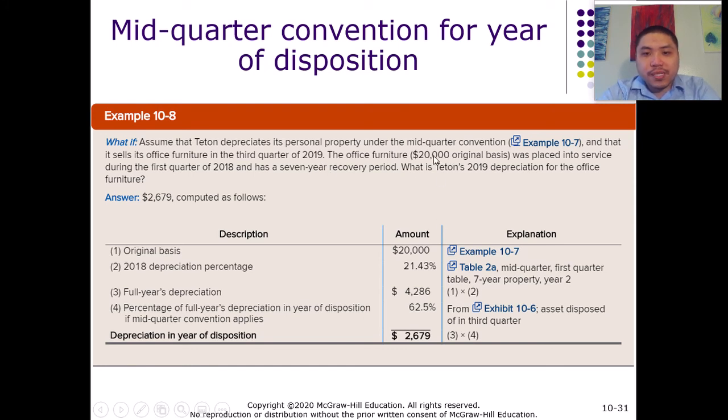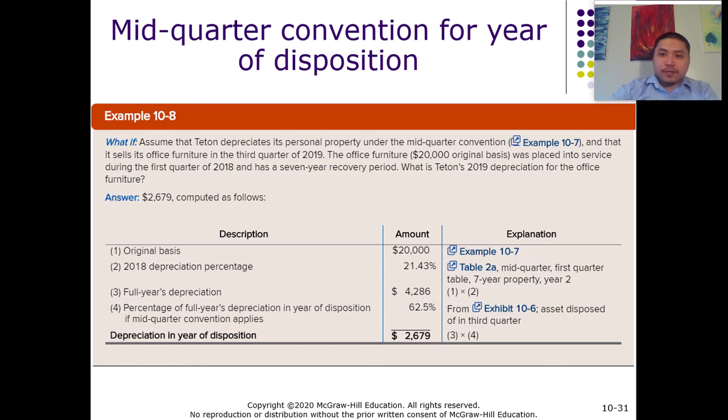So we know the basis of the furniture is $20,000, and it was placed into service in the first quarter of 2018, and it has a 7-year recovery period, right? Now it asks us to calculate the depreciation expense for 2019, which is the year of the disposition.